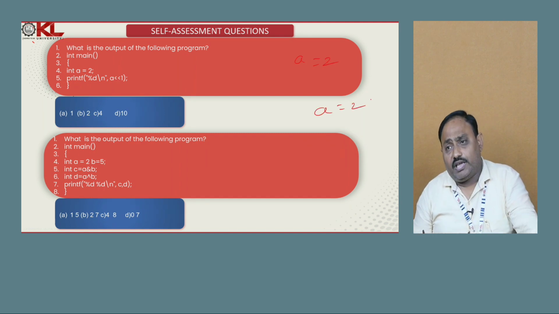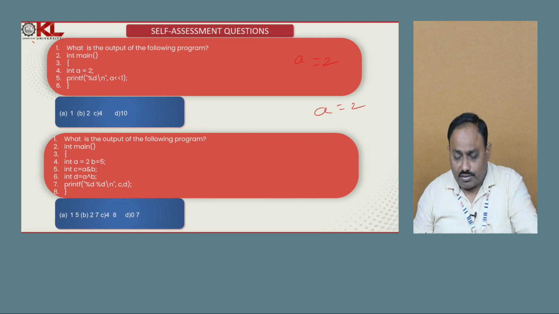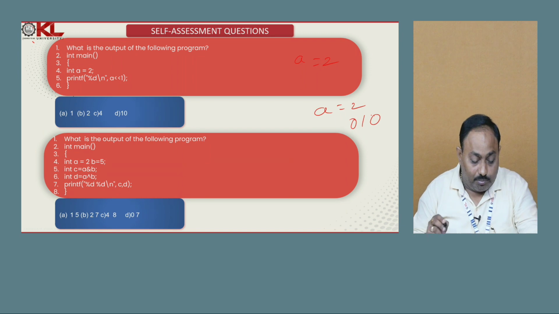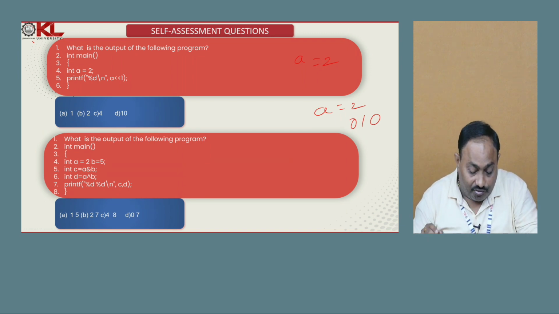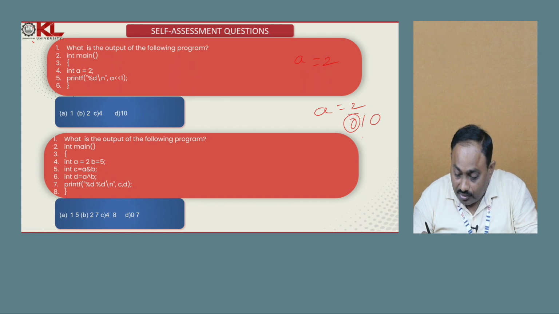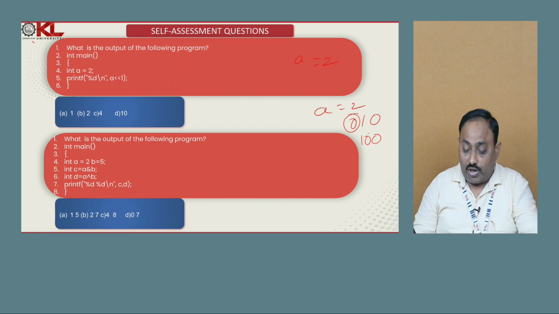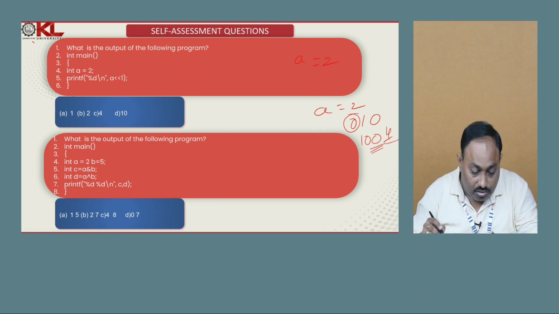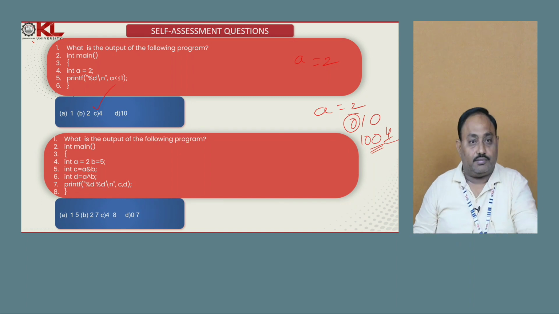And what is the binary equivalent of 2, students? 0 1 0. Now I am doing a left shift 1, that means 1 bit will be removed. Now it is 1 0 0. 1 0 0 means what is this value? 4. So this is the answer for that.